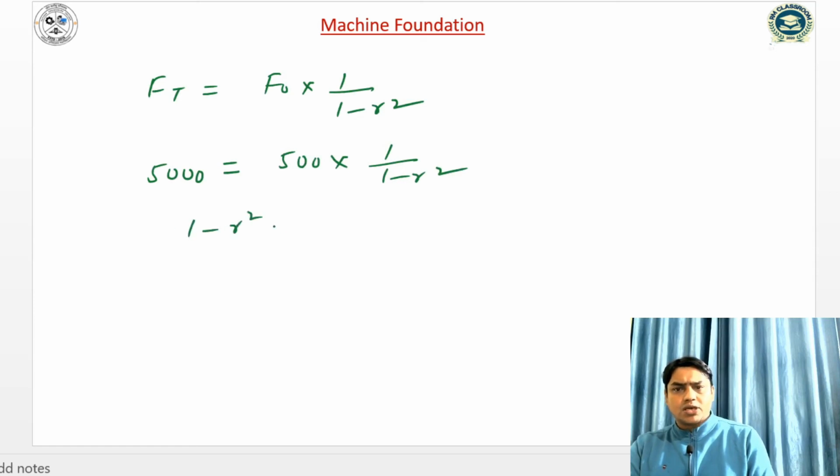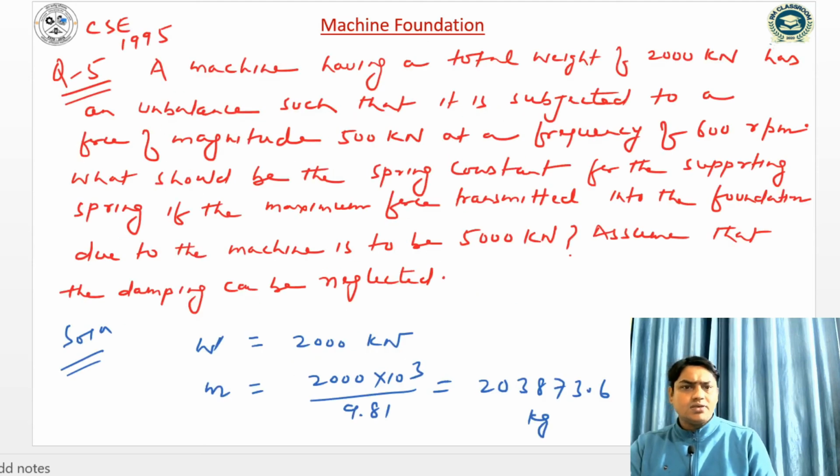So 1 minus R square is equal to 500 by 5000. So it is 0.1. So R square is equal to 0.9. So R is equal to 0.95.